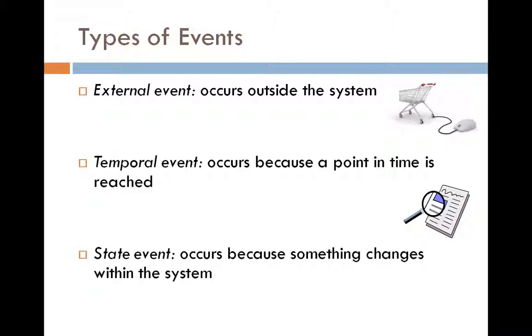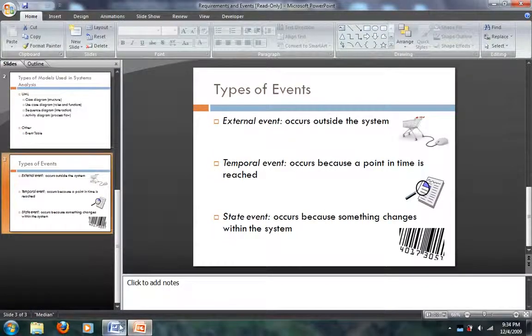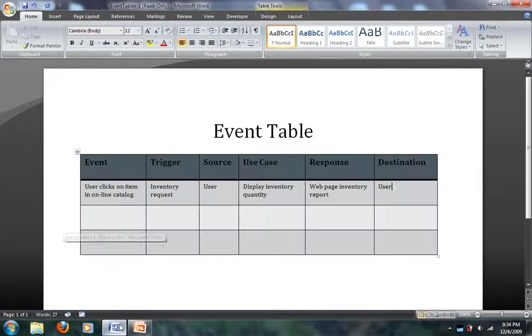So let's create an event in our event table for this. So what is the event? Well, it's because a point in time is reached, so time to produce monthly sales report.